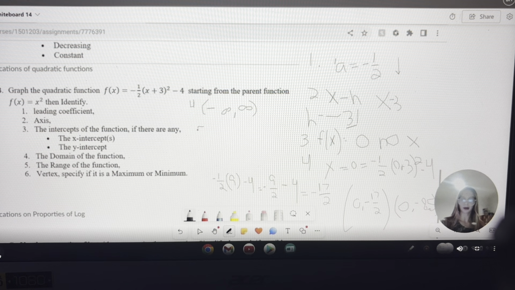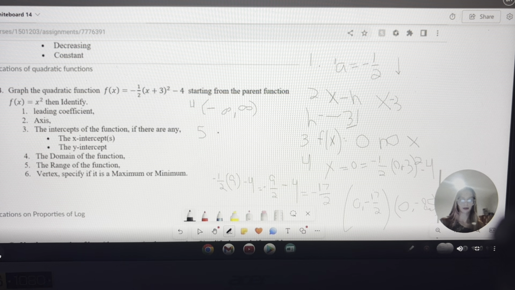And the range. Well, we know the domain is all real values. And for the range, we said earlier the parabola opens downward, and -4 will be our maximum. So it would be negative infinity, because it's going down, and then -4.